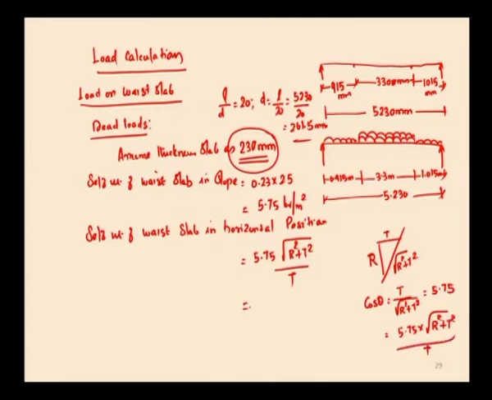We know the riser, we know the thread, and the denominator. Now, if it is multiplied by this factor, it has been slightly increased to 6.56 kilonewton per meter square. So, for load calculation we need to take the self weight of the slab in horizontal position.